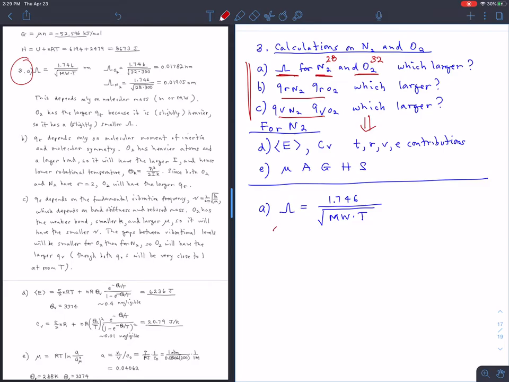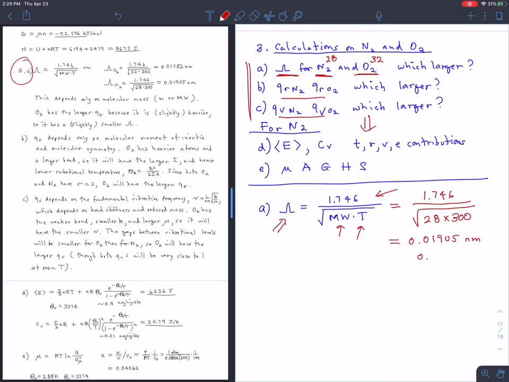So first of all, the problem asks us to calculate the thermal de Broglie wavelength for nitrogen and oxygen. We have this nice formula, 1.746 over the square root of molecular weight, square root of temperature, in order to give us out a thermal de Broglie wavelength in nanometers, so 1.746 over the square root of 28 times temperature 300, and that turns out to be, for nitrogen, 0.01905 nanometers.